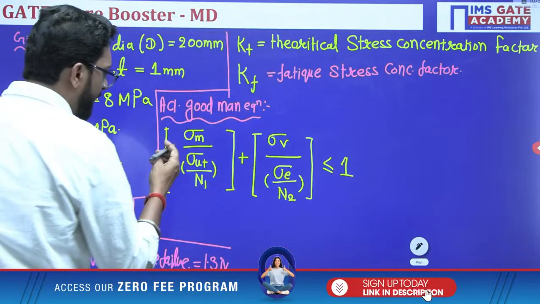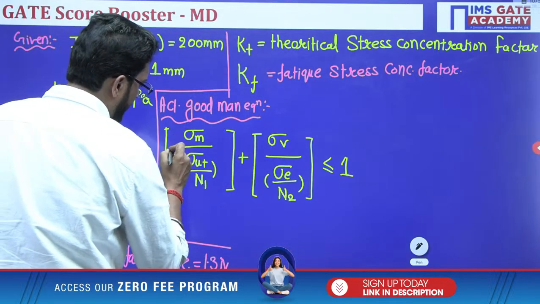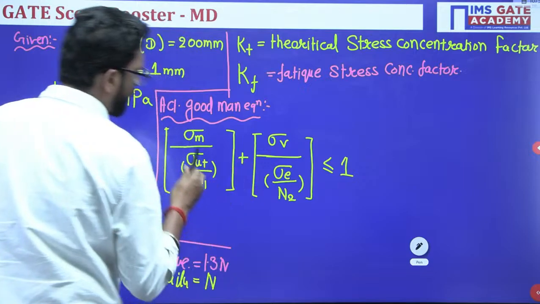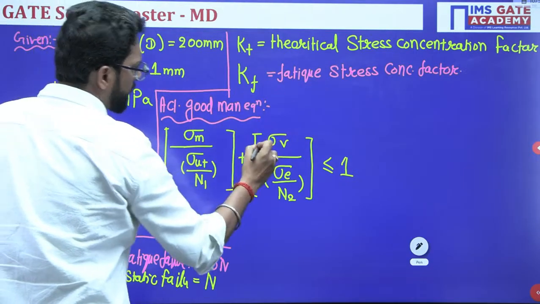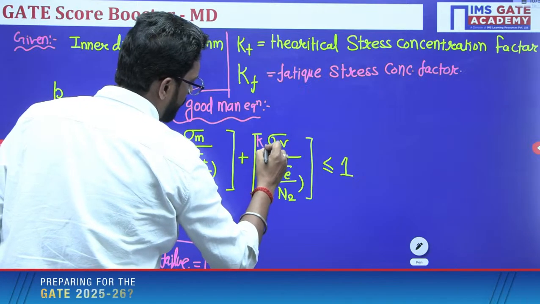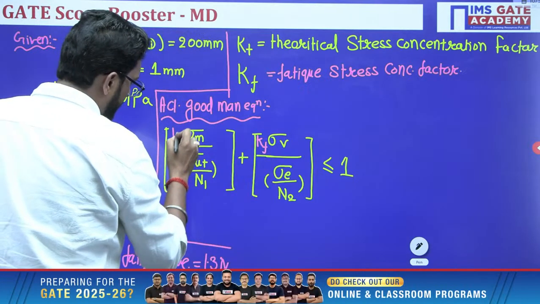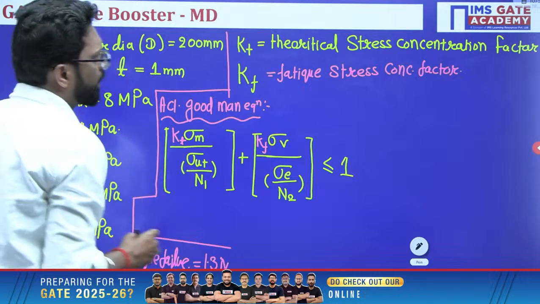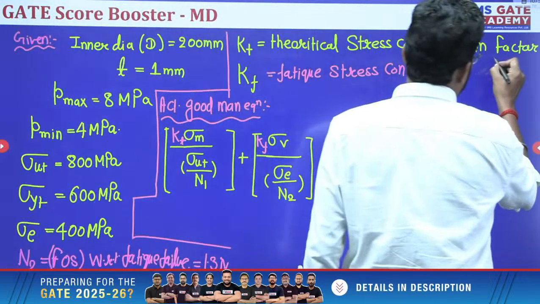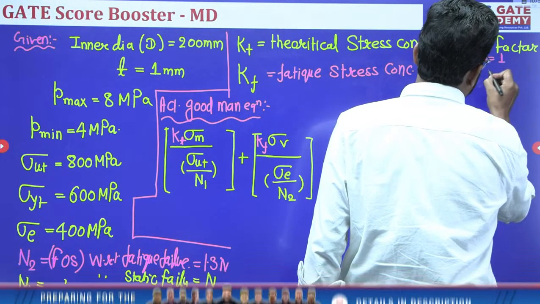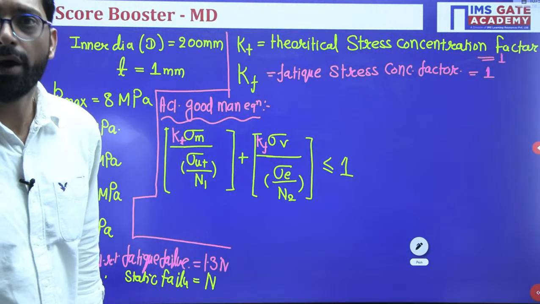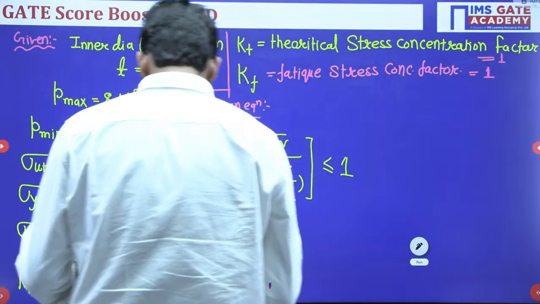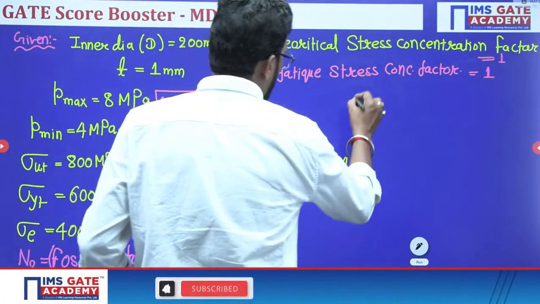Now my dear, here don't forget to multiply the stress concentration factors: Kf for fatigue and Kt here. It is not given in the question, so we have to take both as 1. There is no mention of this value in the question, so we are taking 1. So this is the actual Goodman relation.